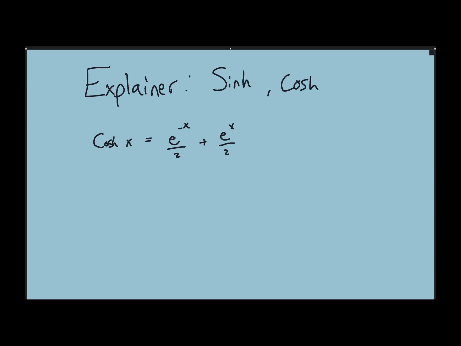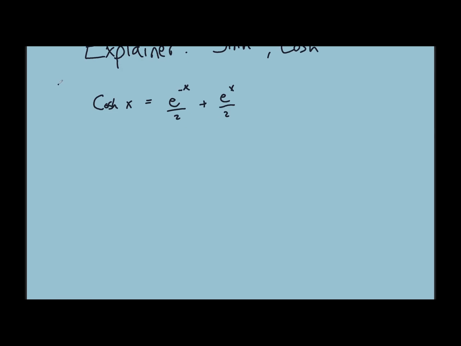So I want you to just picture for a minute what this looks like. E to the negative x, anything to the negative x is going to go like this. And when x is at negative infinity, this is going to be positive infinity. And over here, when x is at positive infinity, you're going to get 0. So this is a function that basically decreases forever.